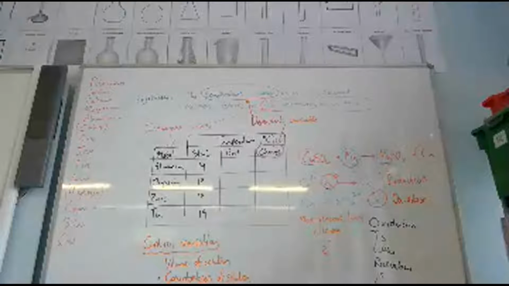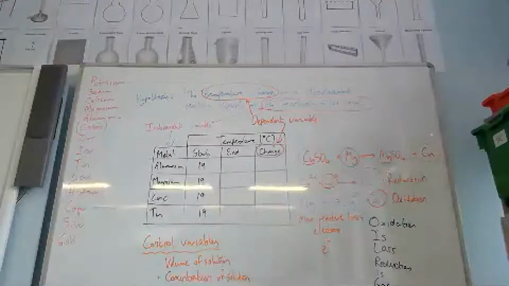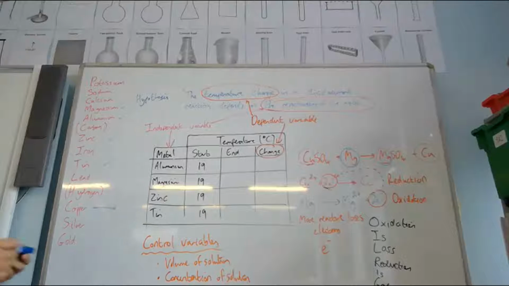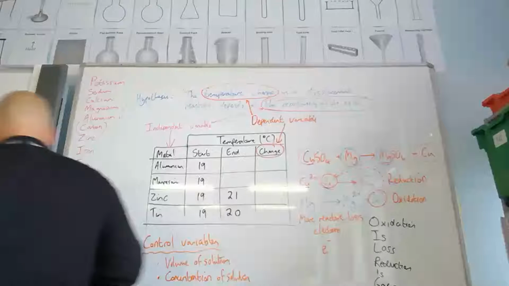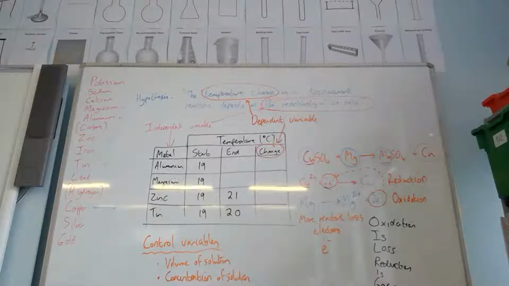There we go. Okie dokie. So, what have we got here? Right, we can see that the tin has gone up to, the magnesium has gone up to about 20.